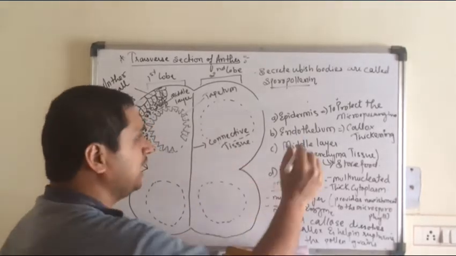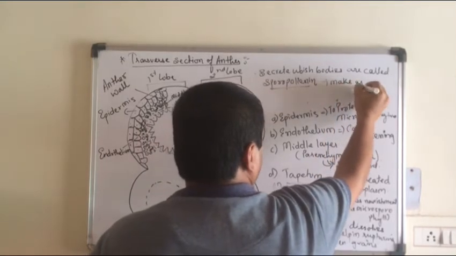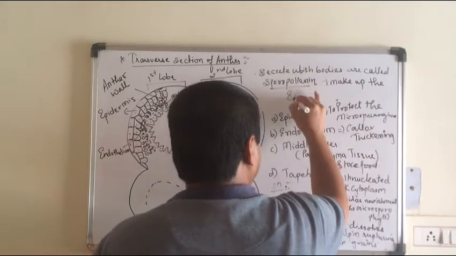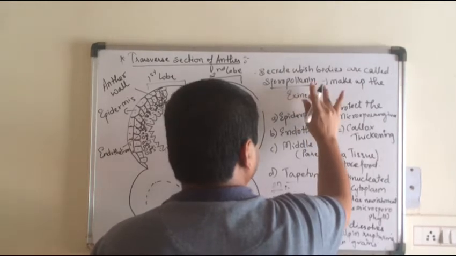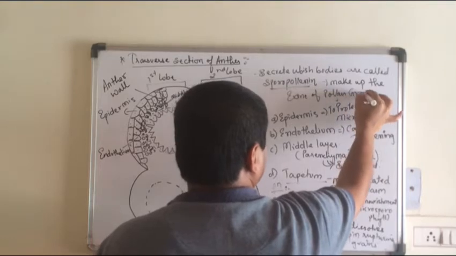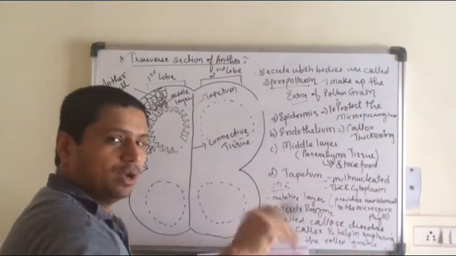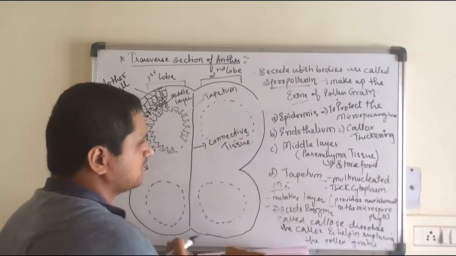This sporopollenin makes up the exine of the pollen grain. What is the exine? It is the outermost layer; there are the exine and the intine. We'll discuss this part later, children.